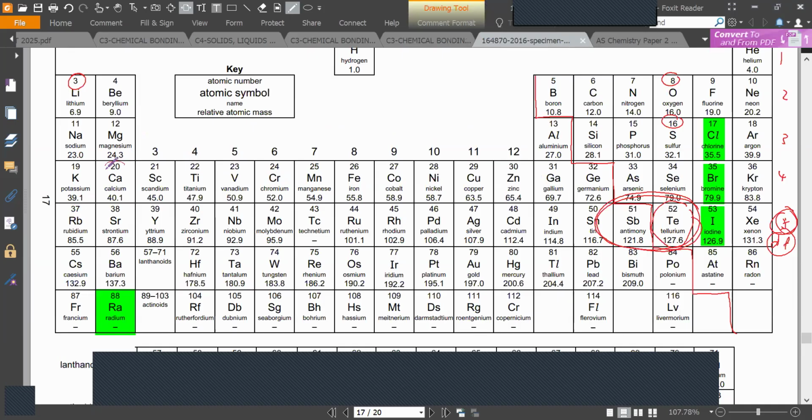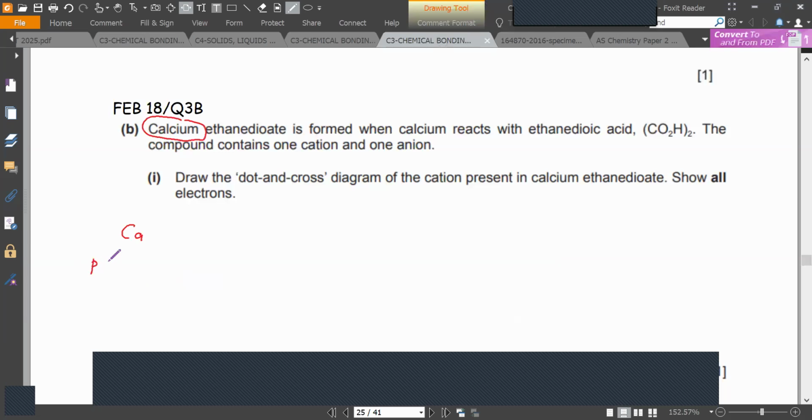Calcium is here, 20 protons, 20 electrons. So calcium will be like this.